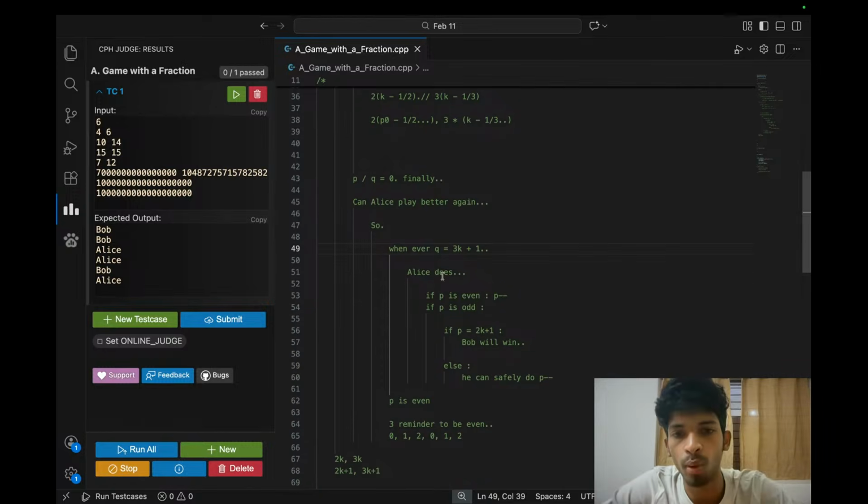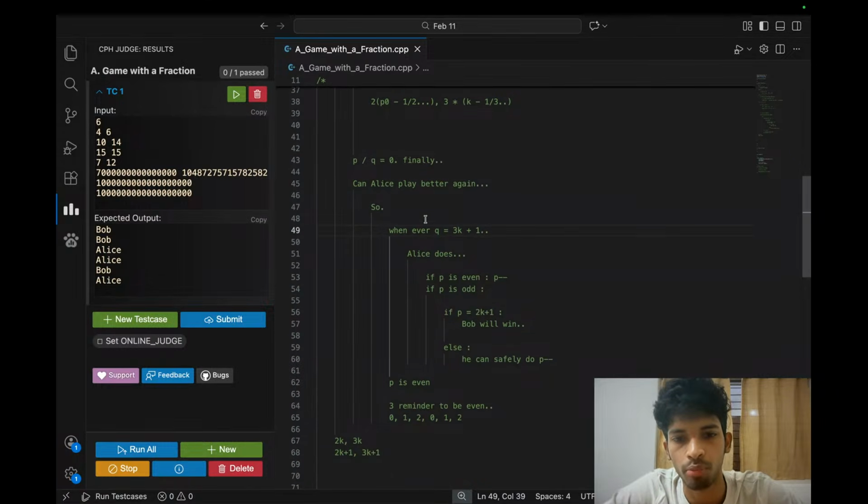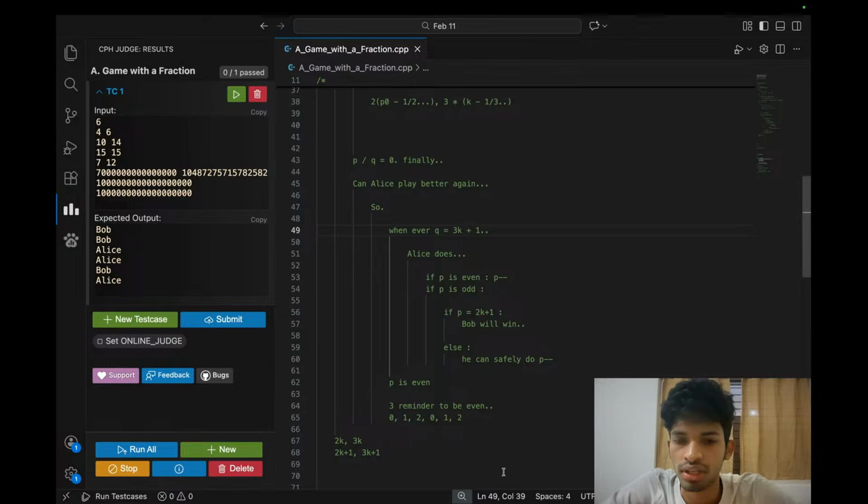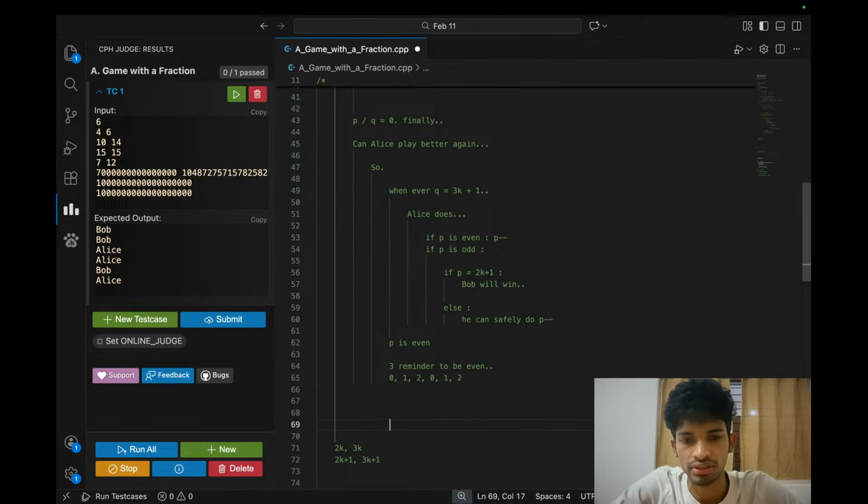Is there a way Bob can win? Let me think about that. Is there a way Bob can always win here? So let's look at this even value 2k, and then we have this 3k, right?